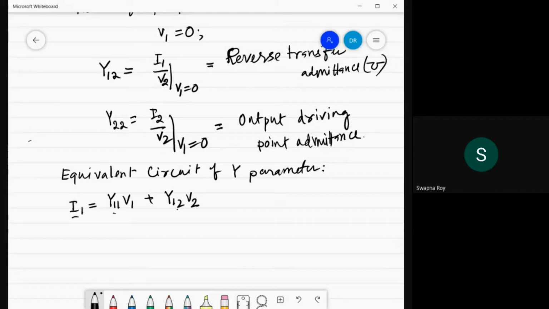Because just take V is equal to IZ. Admittance means 1 by Z. So V by Z is equal to I. So 1 by Z is equal to I by V. That means Y is equal to I by V.